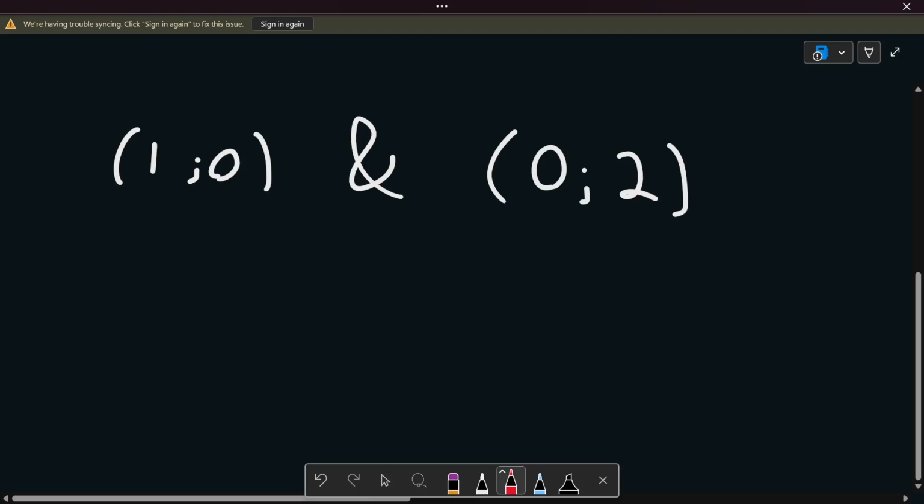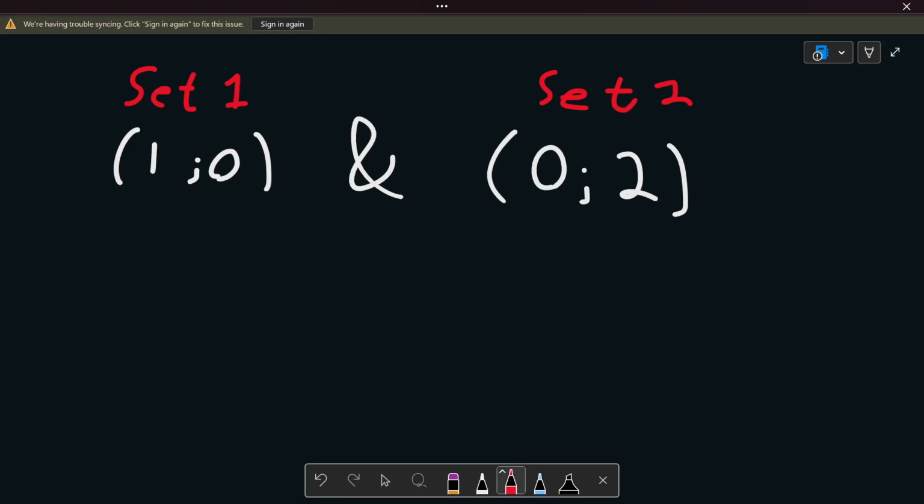Let's say this coordinate is going to be set 1, and this coordinate over here is just going to be set 2. It doesn't matter which one you call set 1 or set 2, as long as you have a set 1 and a set 2. You can't call both of them set 1, and you can't call both of them set 2.